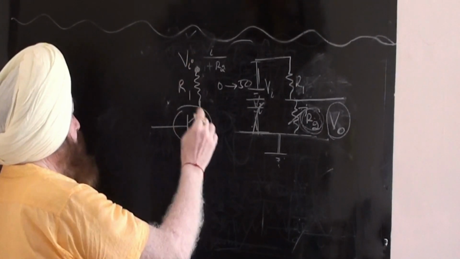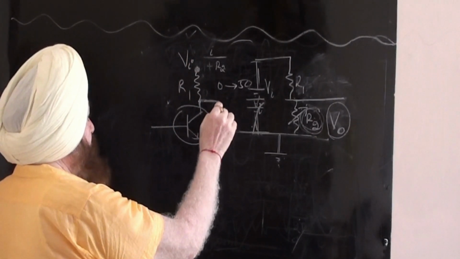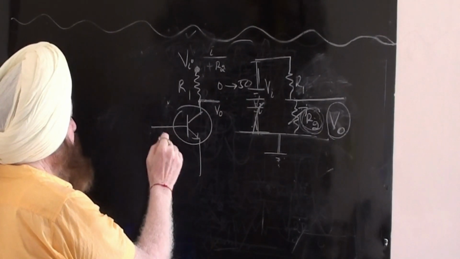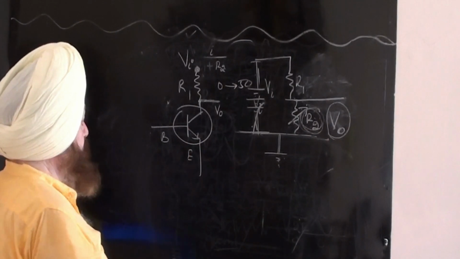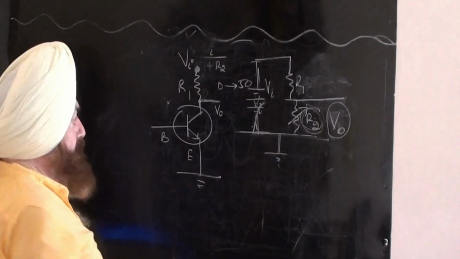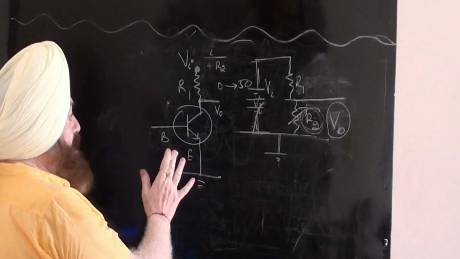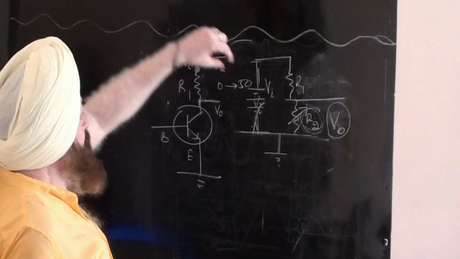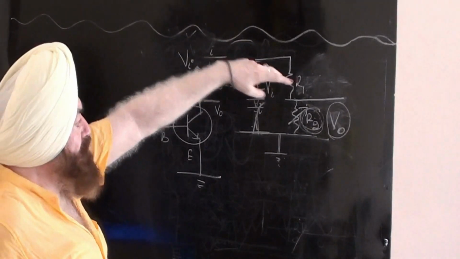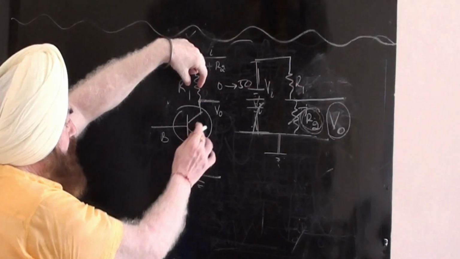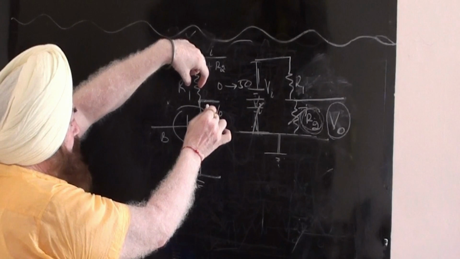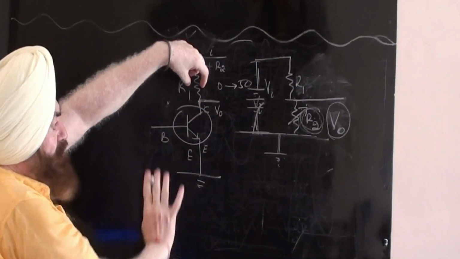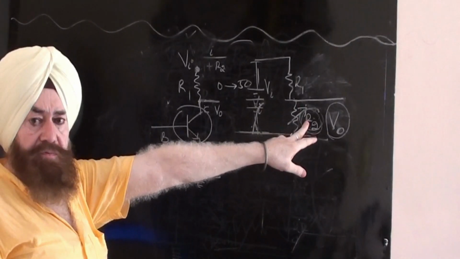This is the input voltage. Here I am getting the output voltage. This one is the base, emitter, and it is grounded. Now this arrangement is the same as this arrangement. These Vi are connected here. R1 is fixed. The resistance from collector to emitter is R2.